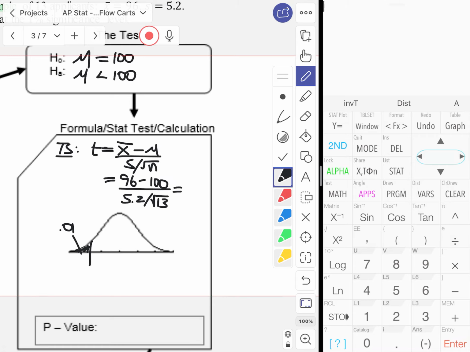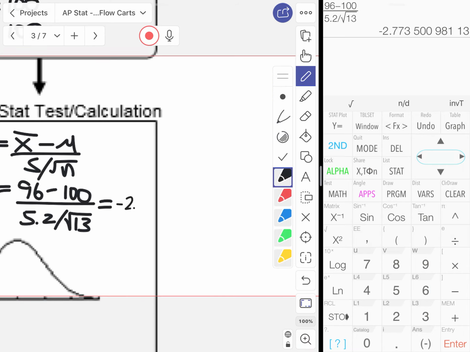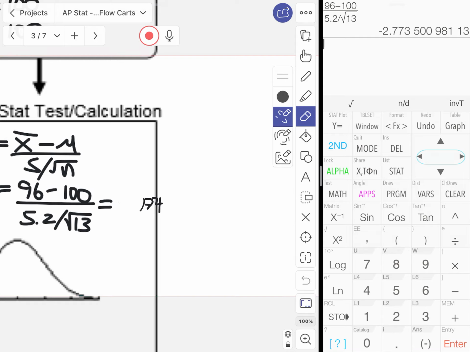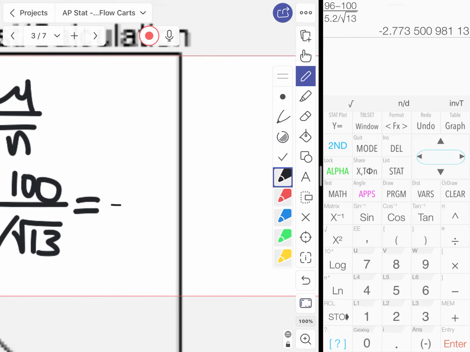So we're going to compute 96 minus 100 over 5.2 divided by the square root of 13. So negative 2.774. All right, so negative 2.774. It looks kind of ridiculous, but we'll live with it.